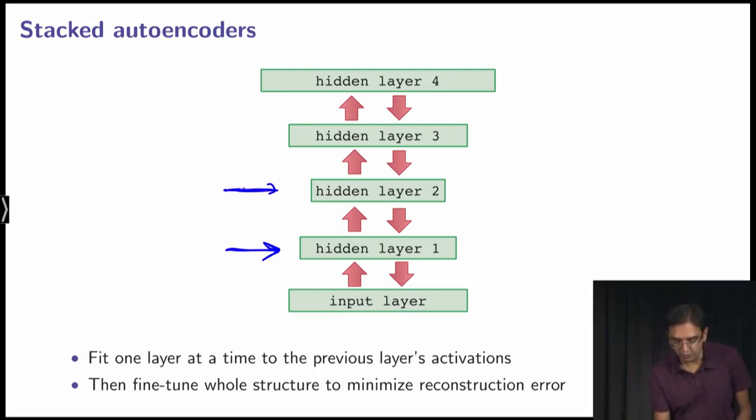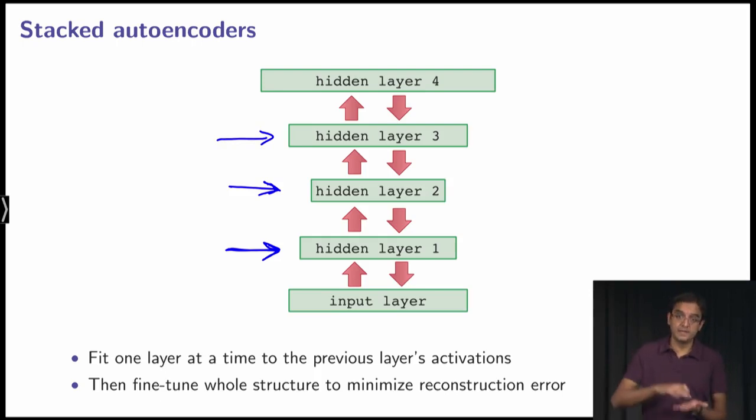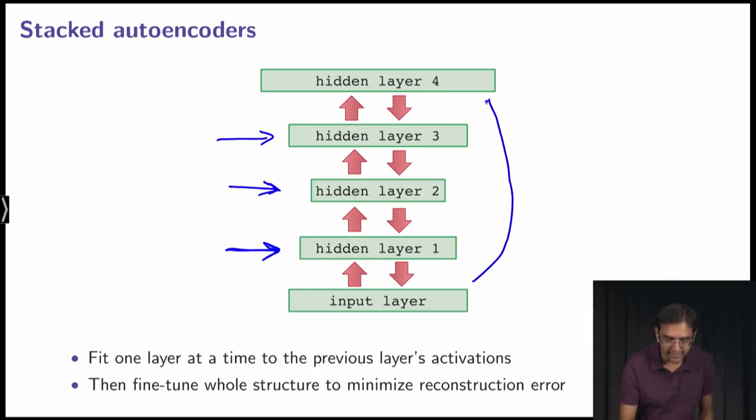And we fit another autoencoder that gives us the second hidden layer, and we get the third hidden layer, and so on. In this way, we get the entire hierarchy, at which point we can think of the mapping from the input to the final layer as also being an autoencoder, and we can then fine-tune that.